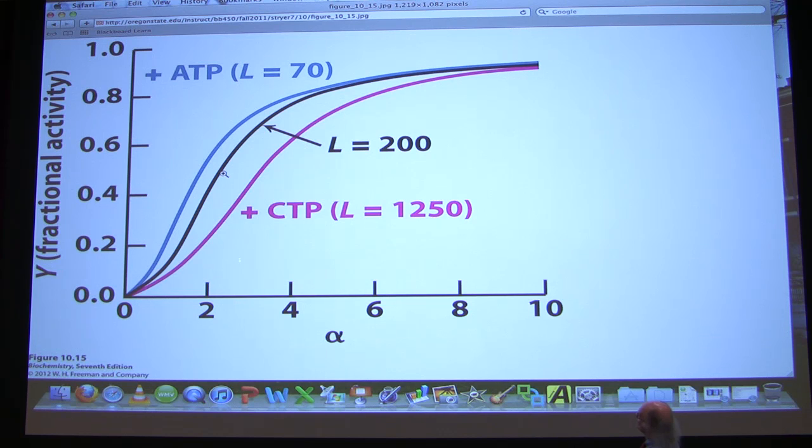And here's the ratio of 1250 to 1 when there's CTP present. This is consistent with what I've told you before. That is, ATP favors the R state more, so we see less of a ratio. L is the ratio of T to R. Okay? Nothing is 200. And when we have the inhibitor, in this case CTP, it's 1250 to 1.